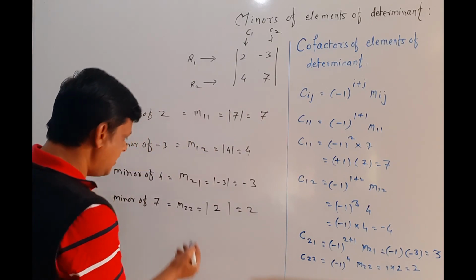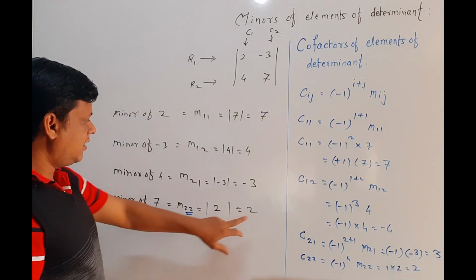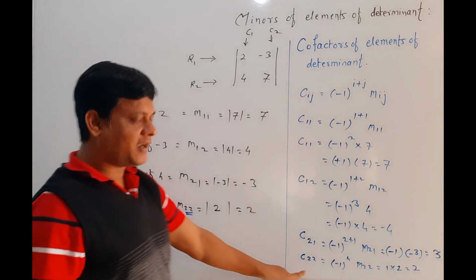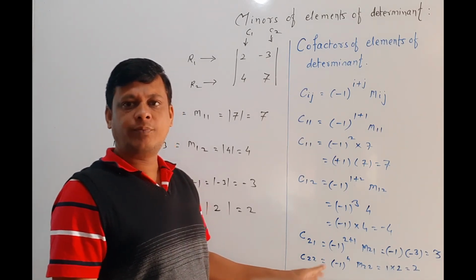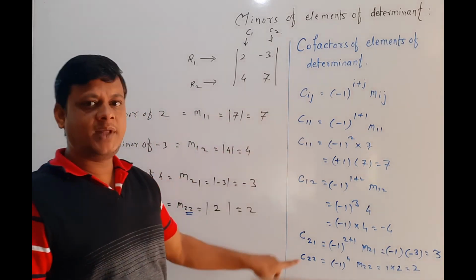That means here the sum 2 plus 2 is 4, an even number, so the sign does not change for the cofactor, so the minor is the cofactor. That means with the help of position you can directly write the cofactor of those elements from the minor.